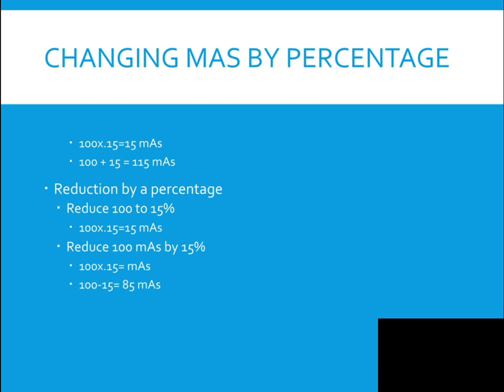So pay attention to your calculator and see what's happening. If you type in 100 and you subtract 15, you hit the percentage sign, it gives you 85, then that's as far as you need to go with it. But if it just leaves you at that 15, you're probably going to need to hit that equal sign.